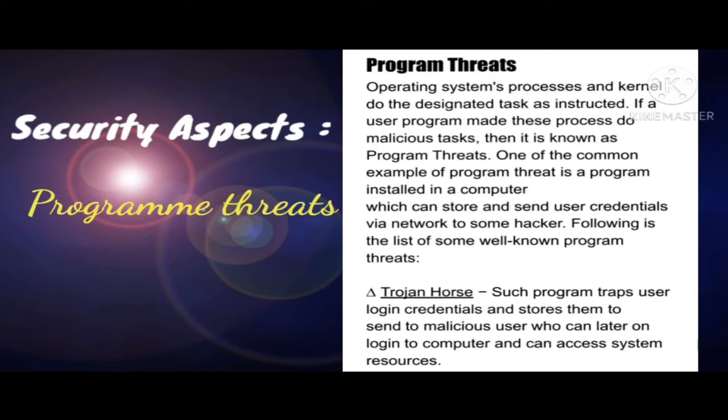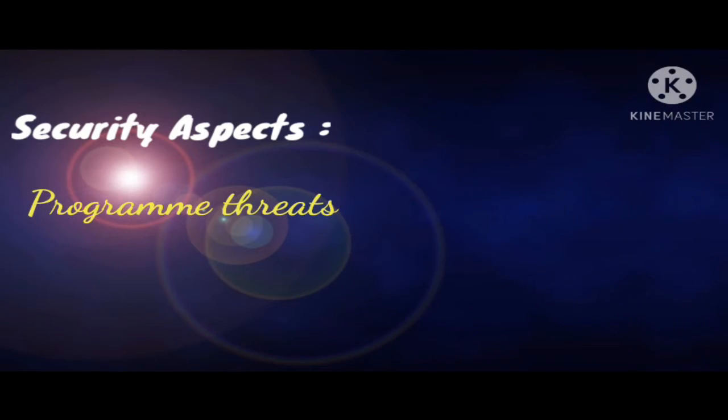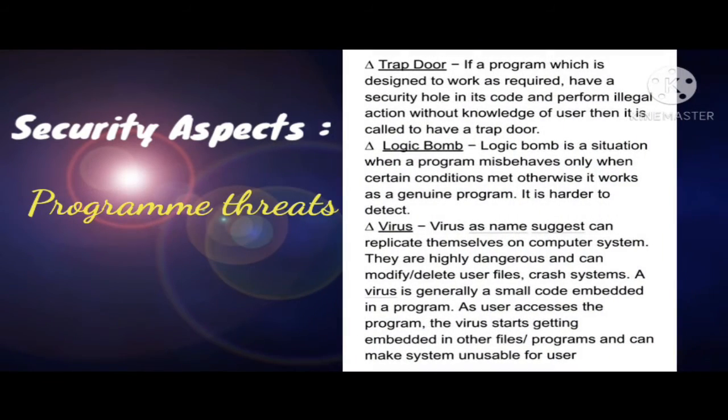Number 1. Trojan horse. Such program traps users' login credentials and stores them to send to malicious user who can later on login to computer and can access system resources. Program threat number 2. Trapdoor.